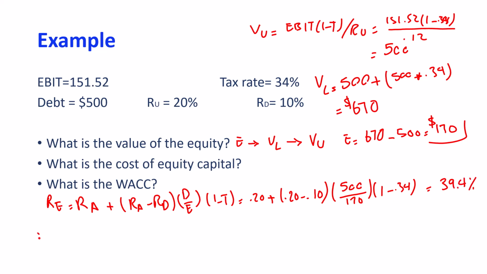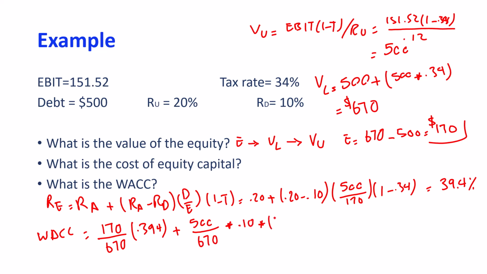And the cost of capital is equity over total value of the firm, 170 over 670 times 39.4 plus 500 debt over total value of the firm, 670 times 10% interest on the loan, and then 1 minus the tax rate.